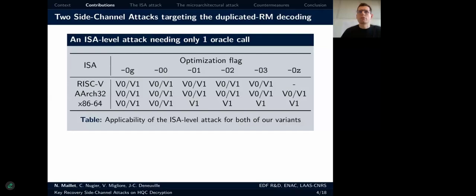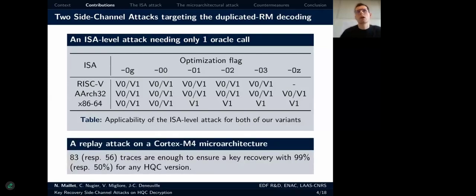The second one is on real hardware. It's made on a Cortex M4 microarchitecture, and we will see later that it's a different attack from the architecture level attack, although it uses the same idea behind it.